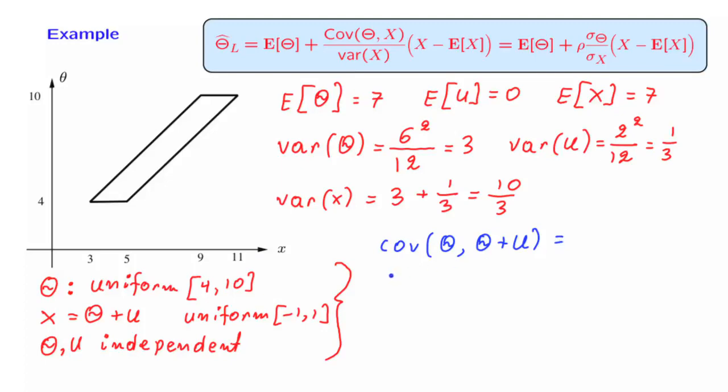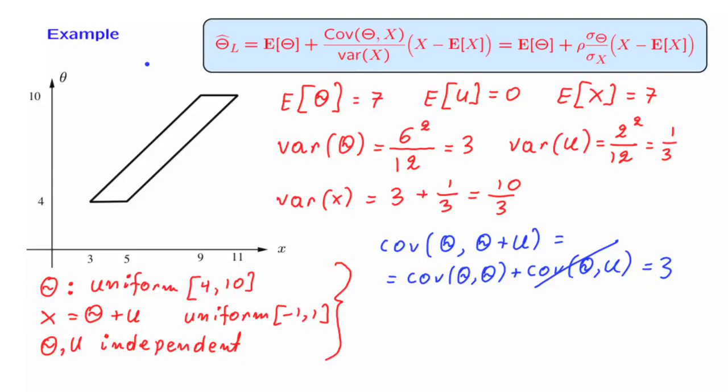And then using linearity properties of covariances, this is the covariance of theta with itself plus the covariance of theta with u. Now theta and u are independent, so this covariance is equal to 0. The covariance of theta with itself is just the same as the variance, so here we obtain an answer of 3.